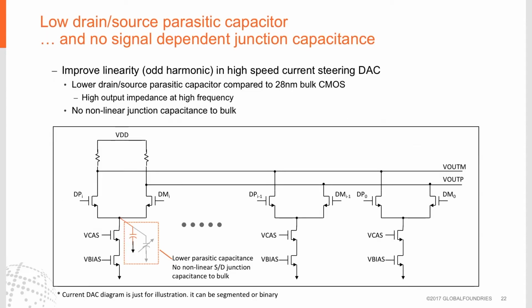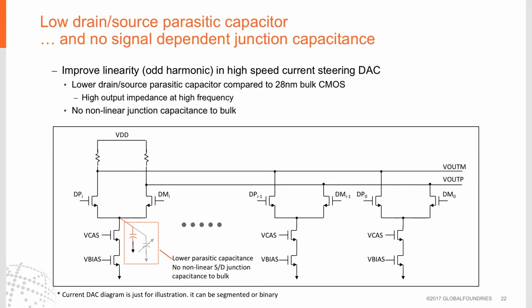One of the improvements that we get with 22FD-SOI is we eliminate the drain and source reverse bias diodes that are associated with the bulk. This process has a thin box layer that isolates the drain and the source from the bulk, and in doing so we remove that voltage-dependent capacitance between the drain and source and the bulk.